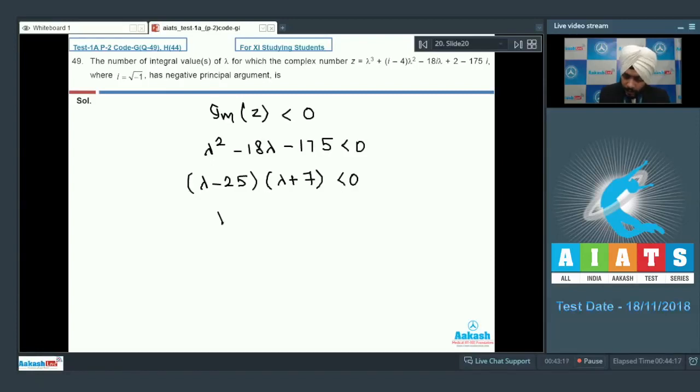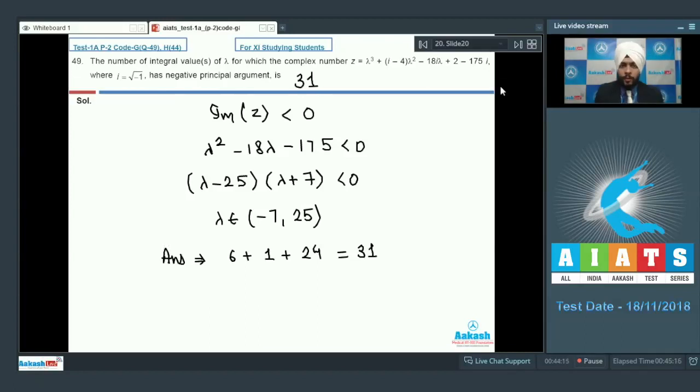It is strictly less than 0, mind you. Minus 7 to 25. 6 values on the negative side. 1 is 0 and 24 values on the positive side. The number of integral values of lambda satisfying the condition of the question is equal to 31. Question number 49, answer is 31.